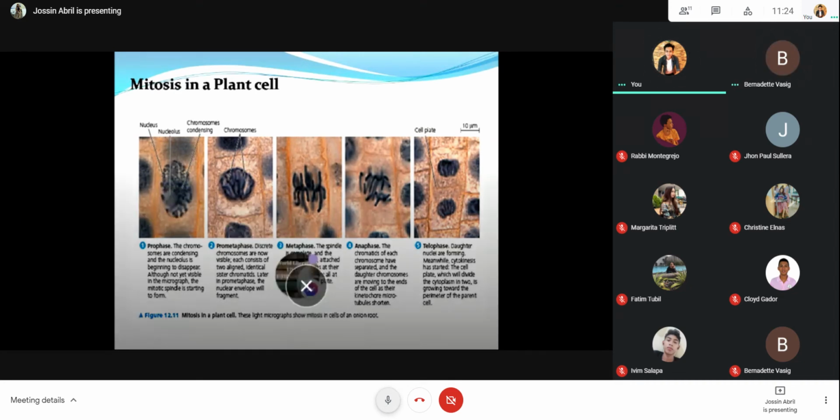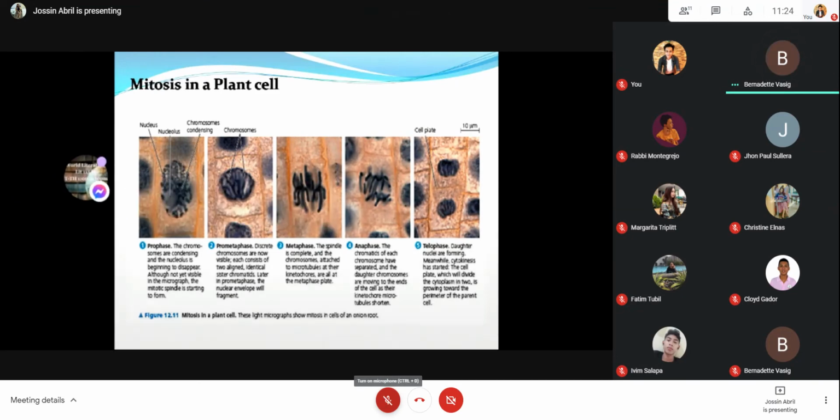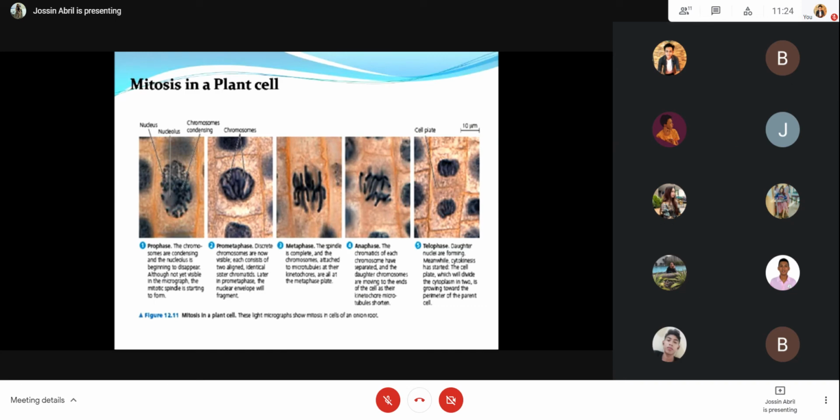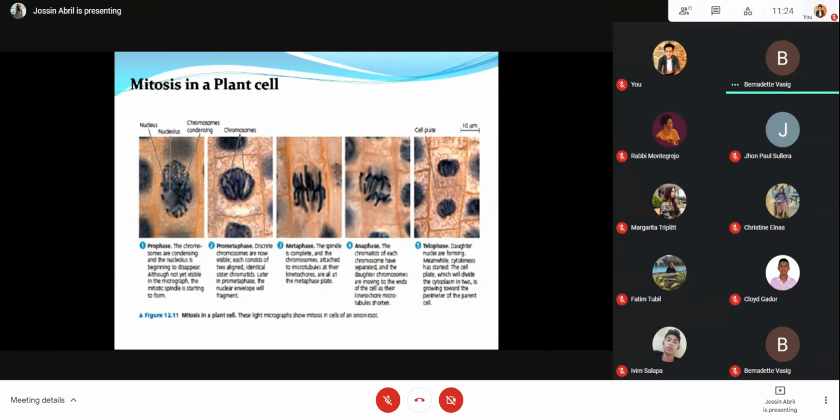Okay. What else is the difference from animal cell mitosis, Miss Abril? The plant cell doesn't have centrosomes and centrioles, where the spindle fibers attach at each pole. Okay, what else? Why do they form a cell plate instead of a cleavage furrow?